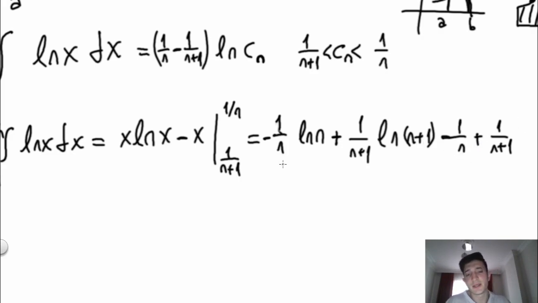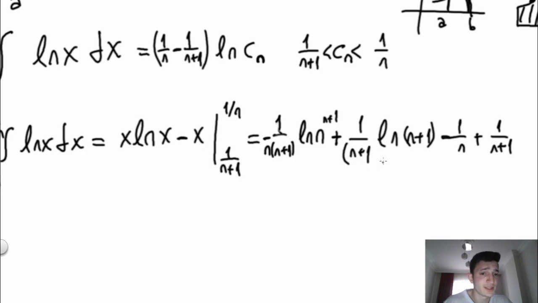And for this thing, I need to notice that it has a coefficient of 1 over n, and this one has 1 over n plus 1. So I can just multiply this thing by n plus 1. How do I do that? I also multiply it by n plus 1 and take the power here. So this is ln of n to the n plus 1. I'm not going to put parentheses.